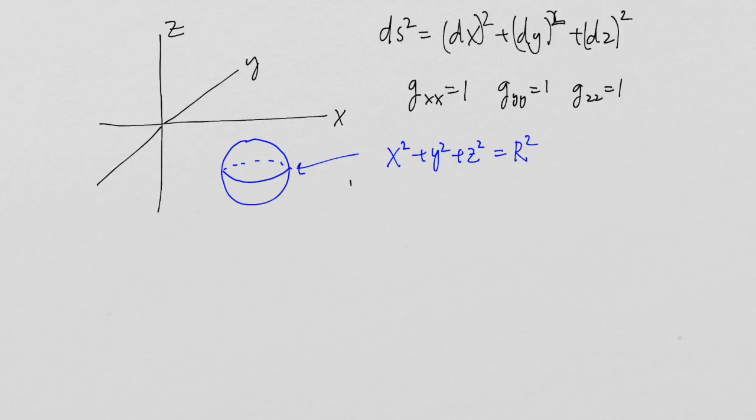And that's a surface. So we understand that this is a two-dimensional surface embedded in a three-dimensional manifold. So now we know the metric of the underlying three-dimensional manifold.